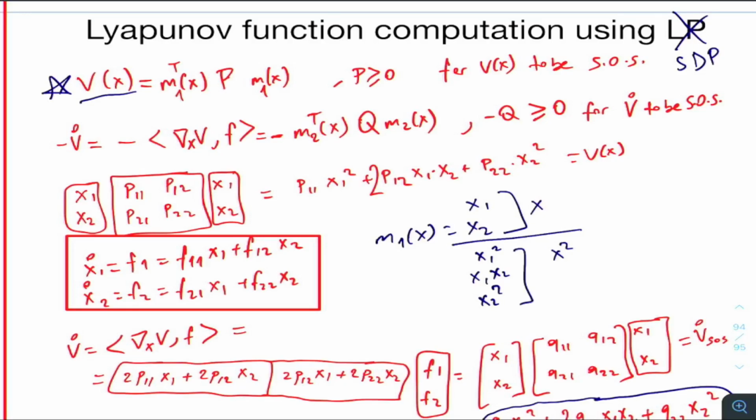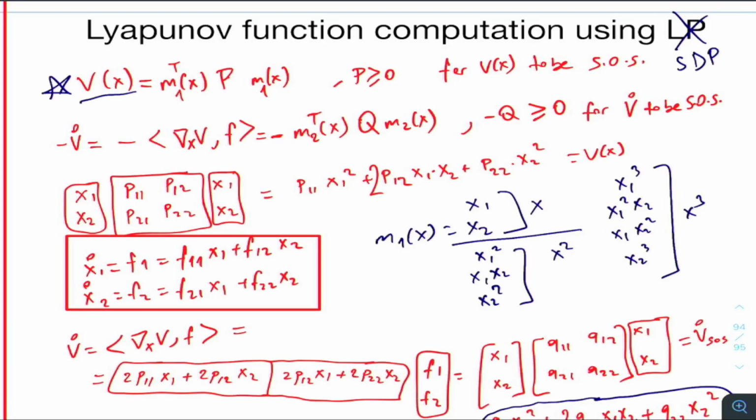By the way, again, this is for a two-dimensional system. Let's say we again failed, but we are 100% sure. In that case we would add the x cubed terms. Let's start from the top: x1 cubed, x1 squared x2, x1 x2 squared, and x2 cubed.